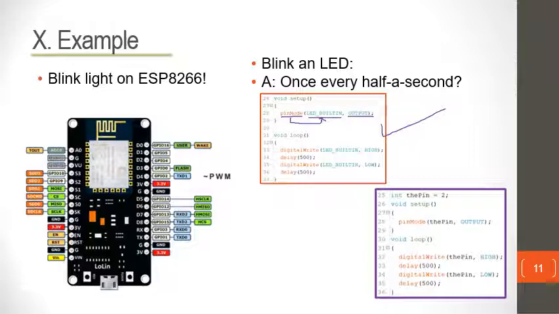Inside the loop, what we do is we momentarily turn the pin to high, and then we delay for half a second, which is 500 milliseconds, and then we momentarily turn the output low.